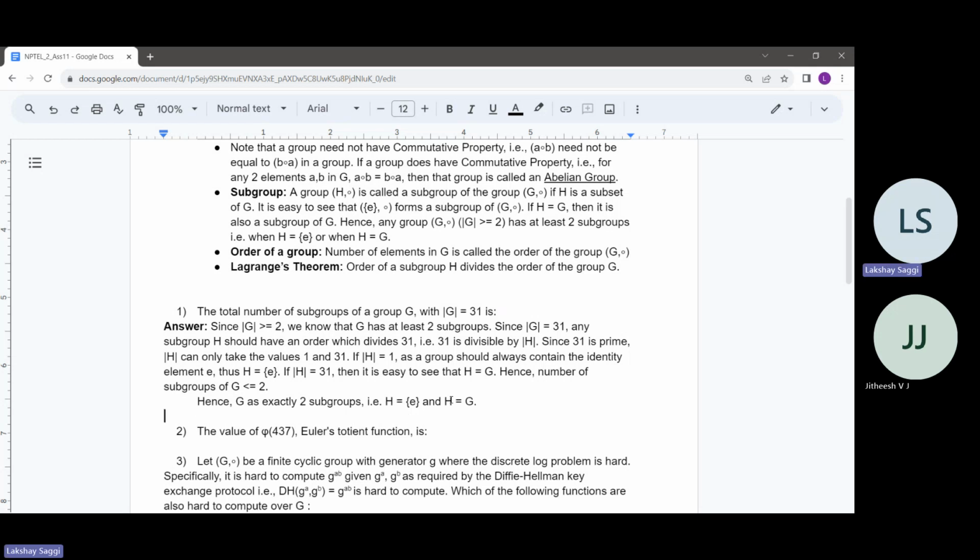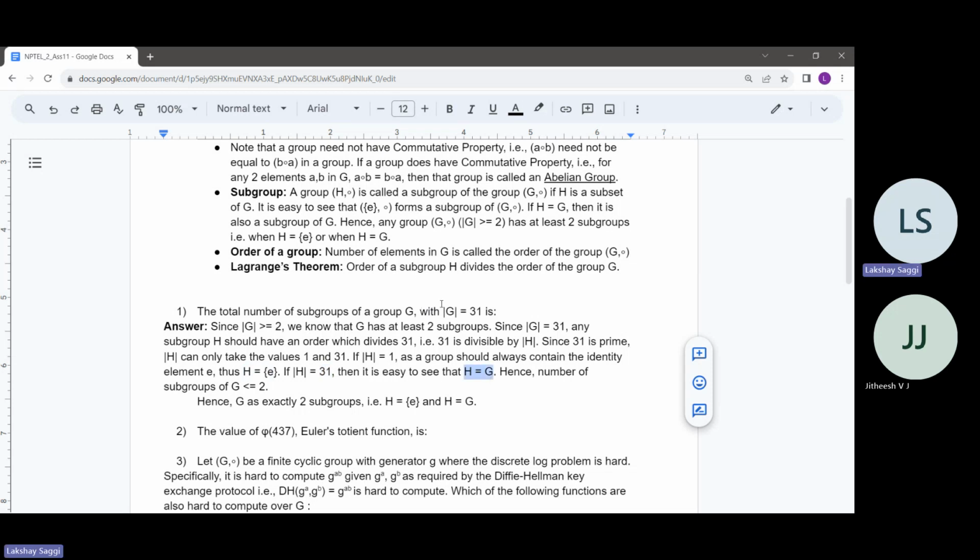In general a group can have multiple subgroups, but the special property for this group G was that its order was a prime number. Since 31 is prime, it only has two factors. If the factor was 1, we have H equal to E. If the factor was the number itself, we had H equal to G.